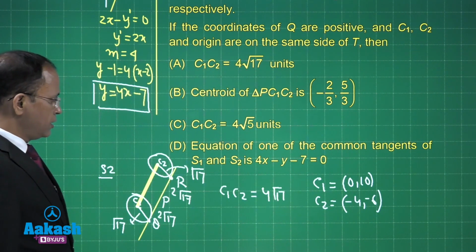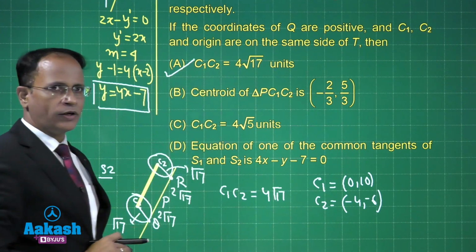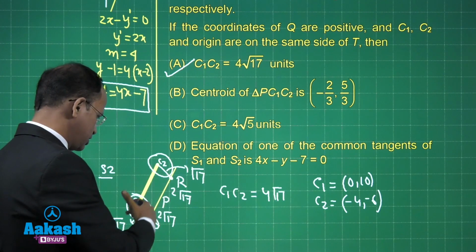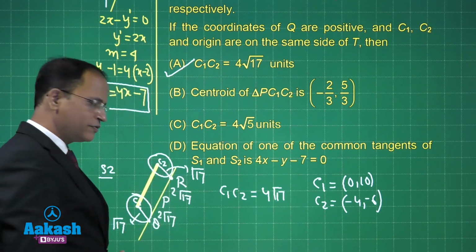Fine. Now there are two things. First, the first option seems to be correct, because the length between C1 and C2 is going to be the length of the common tangent we have.